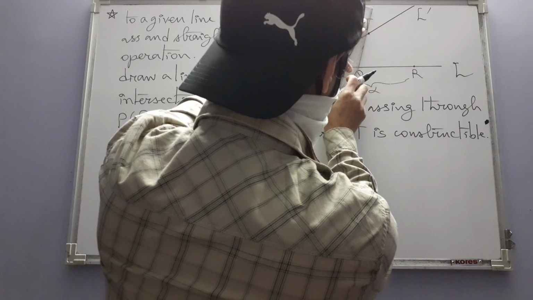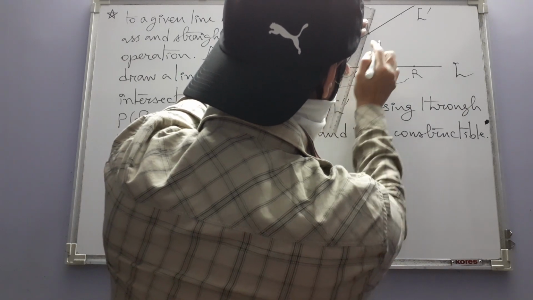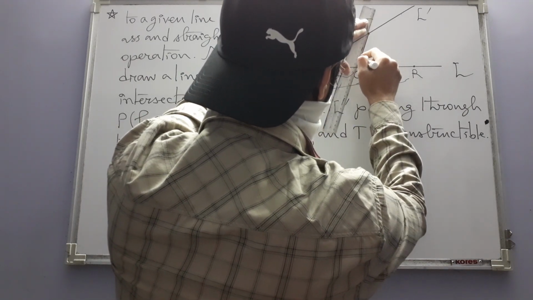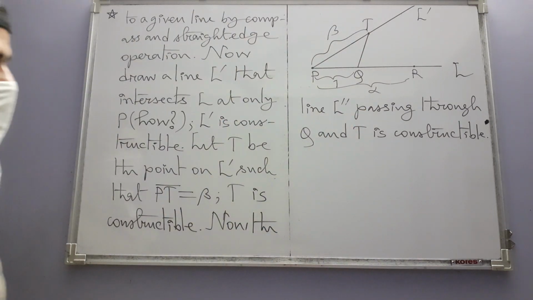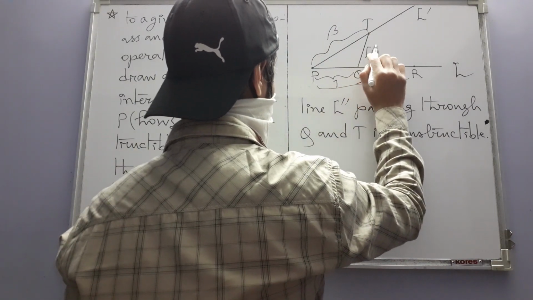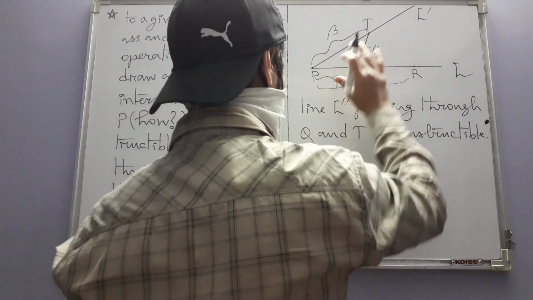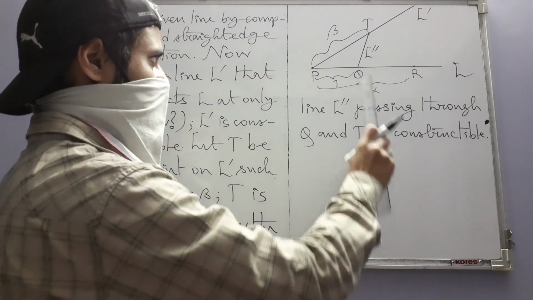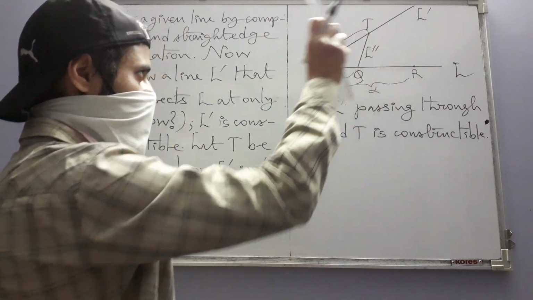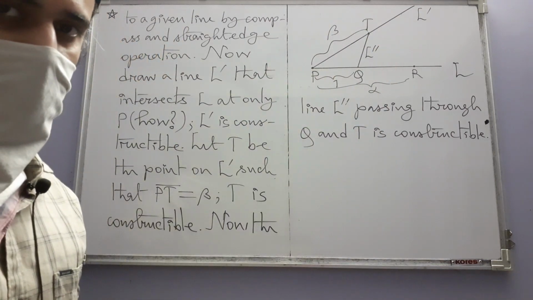That is this line. And we are not, of course, going to draw the full line because we need only this much. This is constructible. Actually, we are talking about the full line, but we need only this much. Why? Because it passes through two constructible points Q and T. That's why.